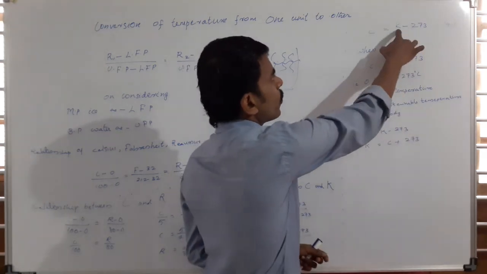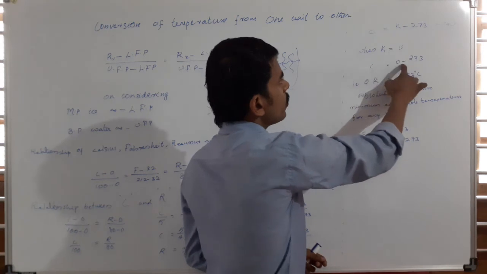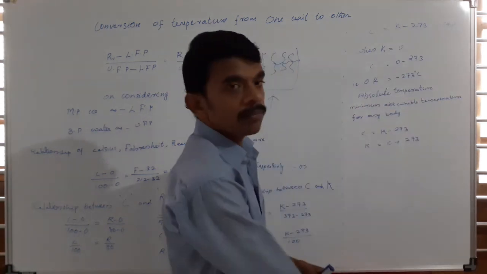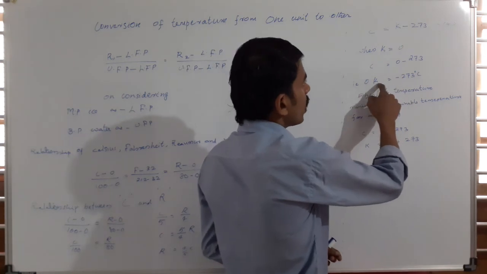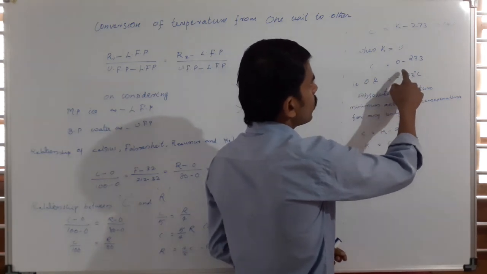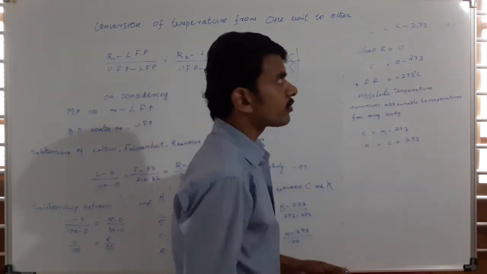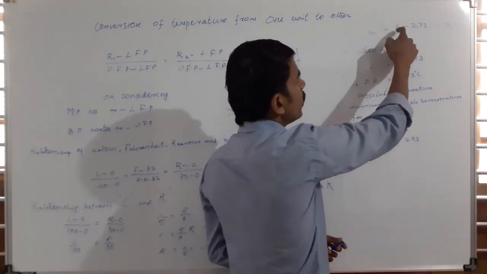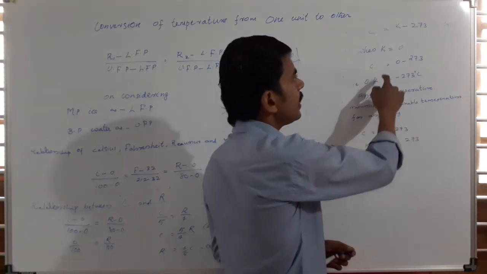When K is equal to 0, we put K equal to 0, then C equal to 0 minus 273. Okay, isn't it? So 0 Kelvin will be equal to minus 273 degree Celsius.